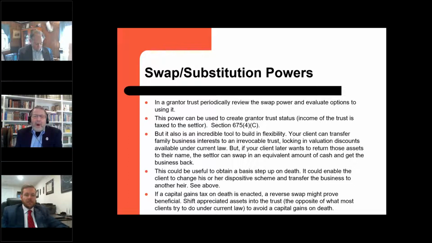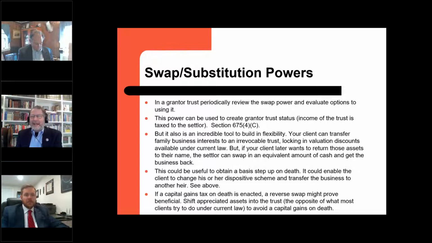We've talked about swap and substitution powers. Let me just make a comment. People think of a swap power solely in the context sometimes of, I've got a highly appreciated asset in trust, I'm old, I'm on my last legs, I'm going to swap it out to get a basis step up. But a swap power can be so much more.